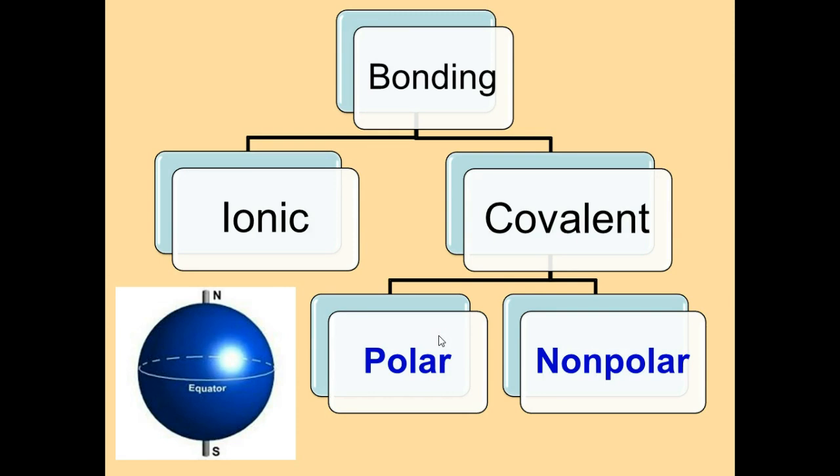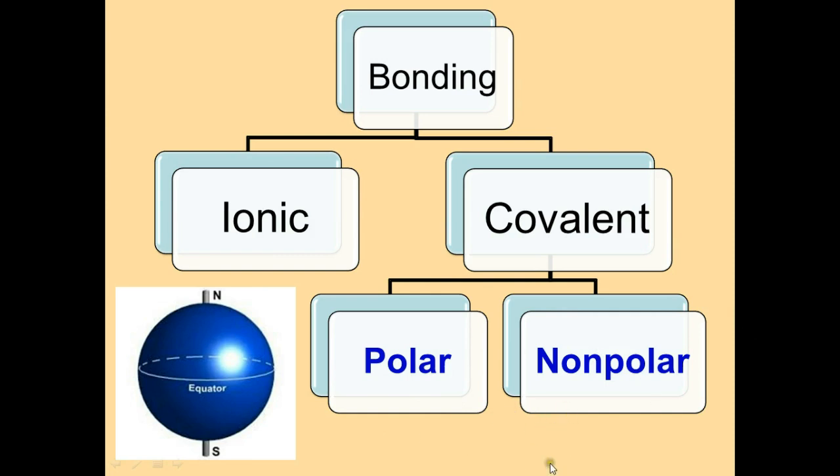The North Pole and South Pole each have their own separate charges. That's why magnets work on Earth, because Earth has slightly positive and negative charge, so it's like a big magnet with a big magnetic field. Same thing with magnets: the two poles of a magnet have different charges.